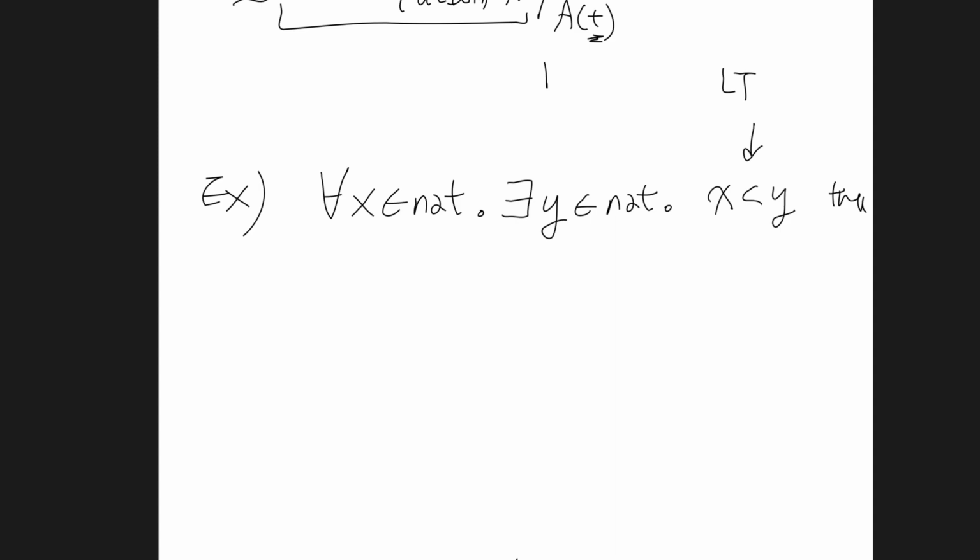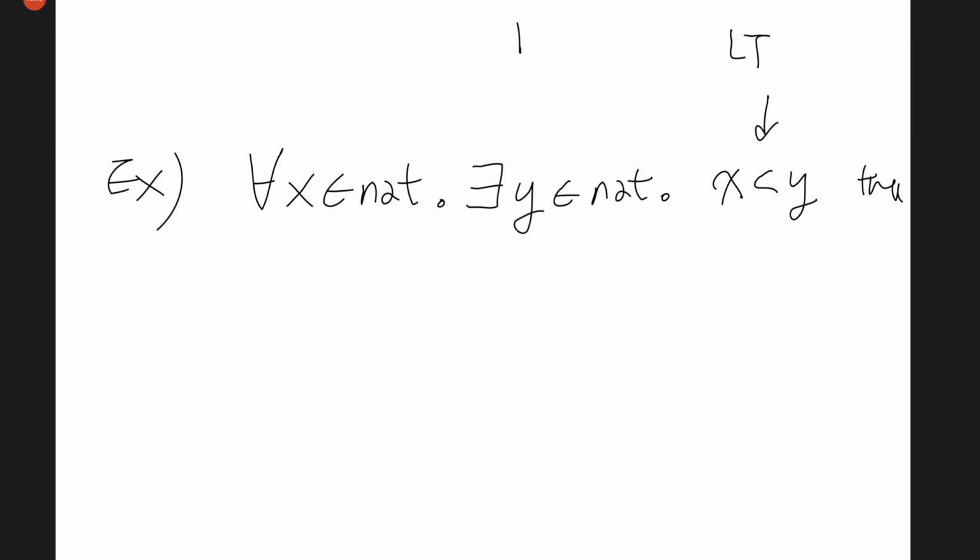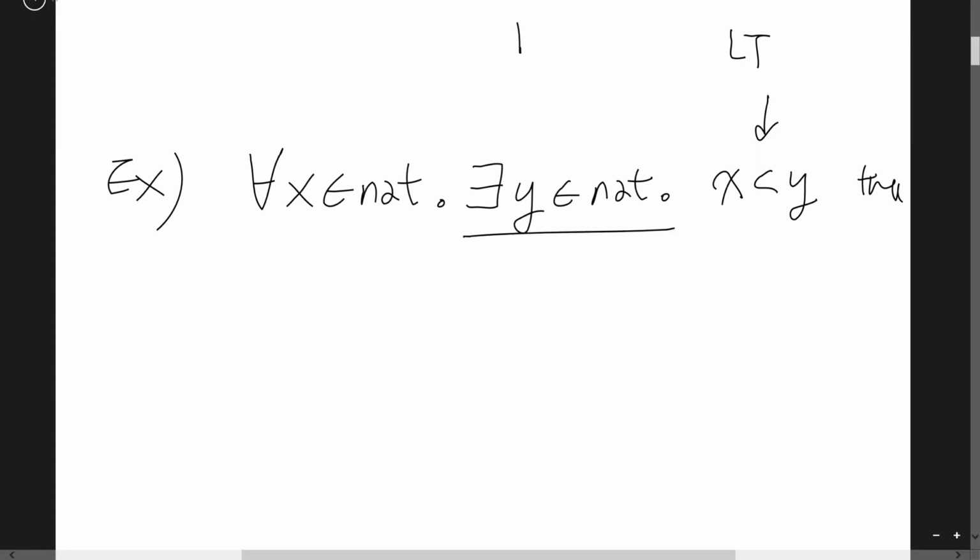And the course notes provide the complete derivation tree, but here I'd like to just highlight the key idea. So we have an instance of this existential quantification. And because we are dealing with constructive logic, in order to prove this judgment, you have to actually find a concrete witness for this term variable y.